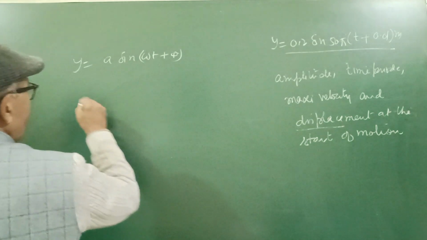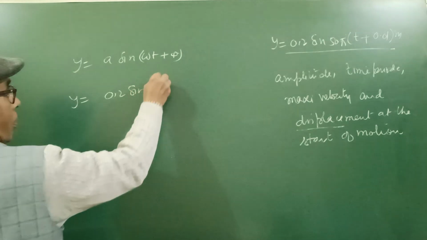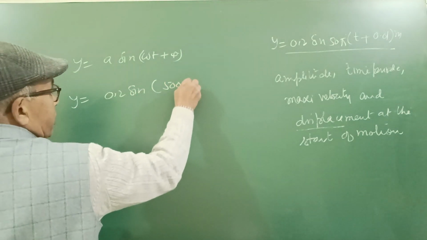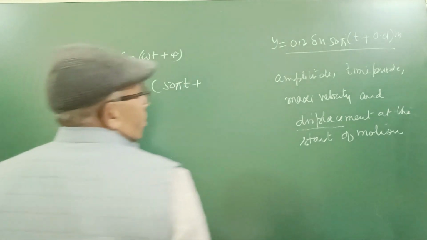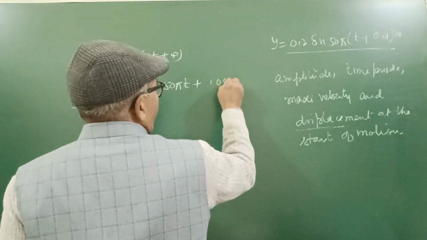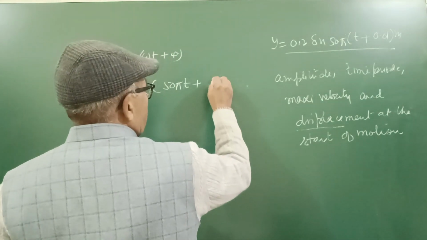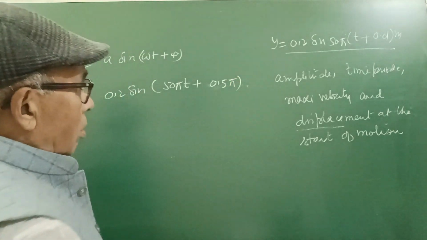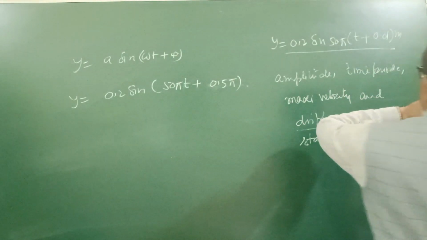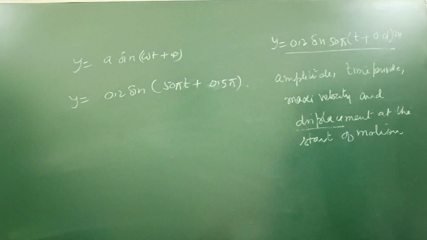We can write the given equation as 0.2 sin(50 pi t plus 0.5 pi), sorry, because we have to multiply 0.01 by 50 pi, which gives 0.5 pi.